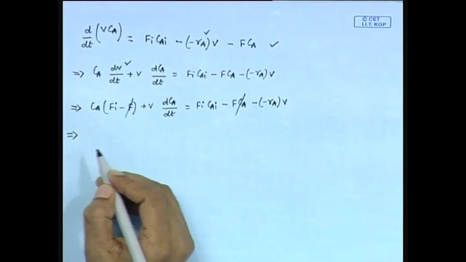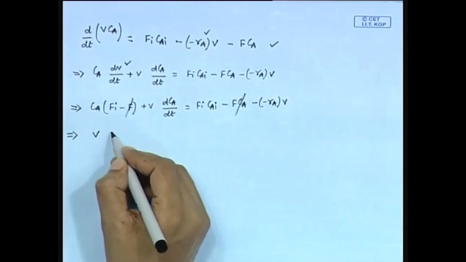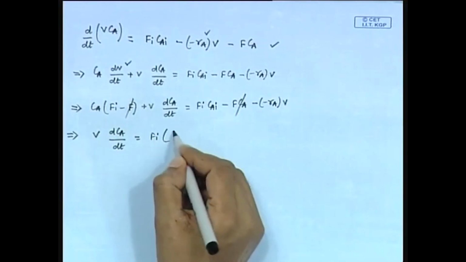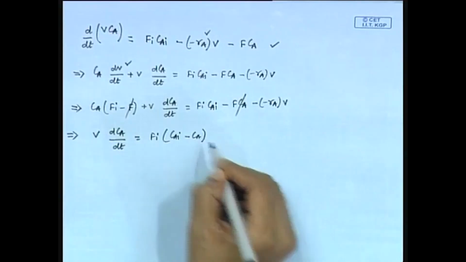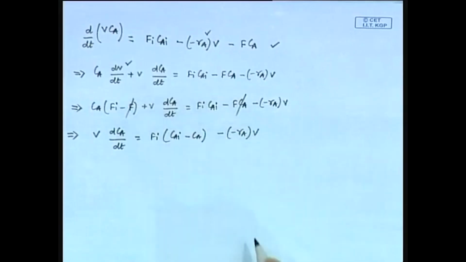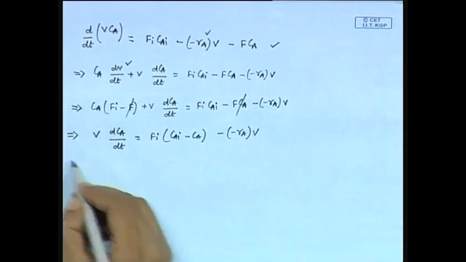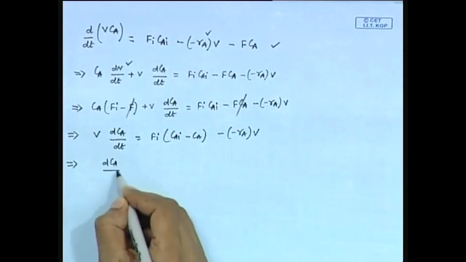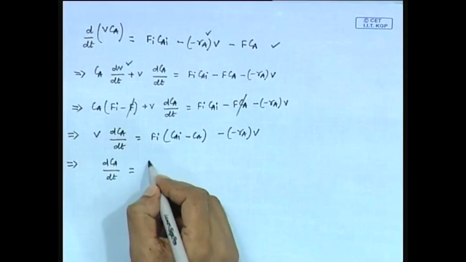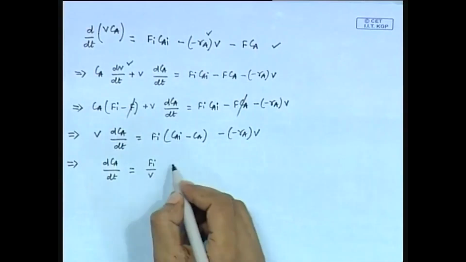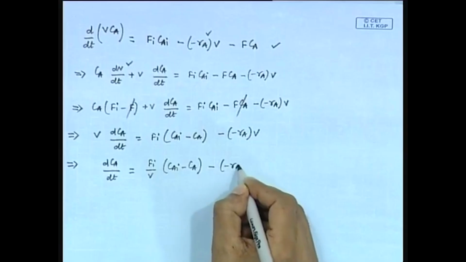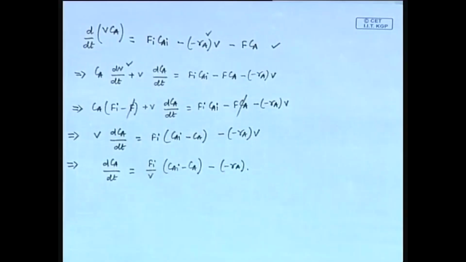Then we can rearrange this equation to V dCa/dt equals Fi (Cai minus Ca) minus minus of Ra into V. If we divide again both sides by V, we will finally get dCa/dt equals Fi divided by V (Cai minus Ca) minus minus of Ra. Minus of Ra is the rate of disappearance of A.